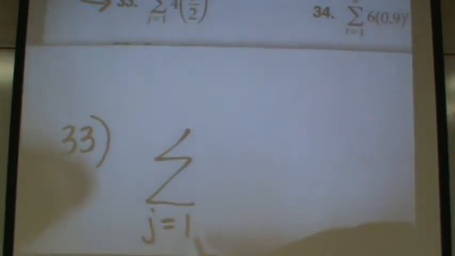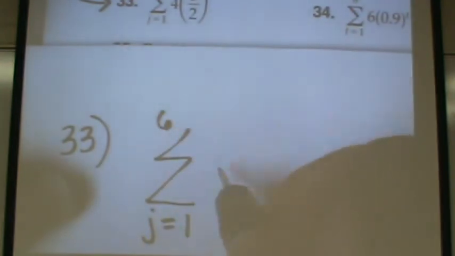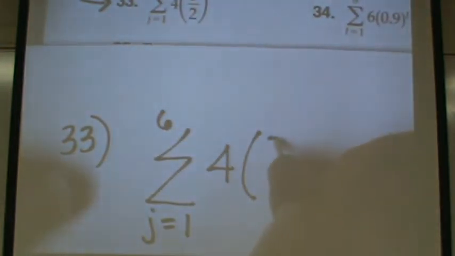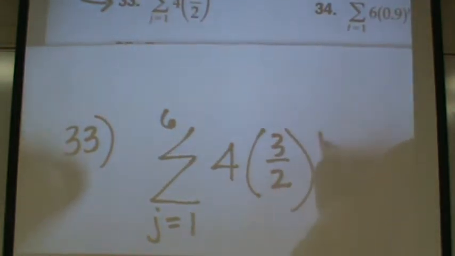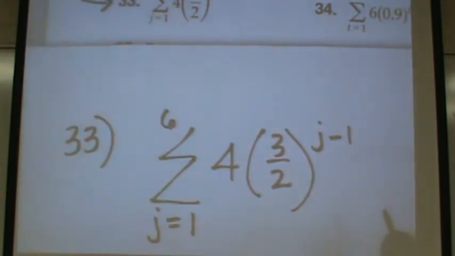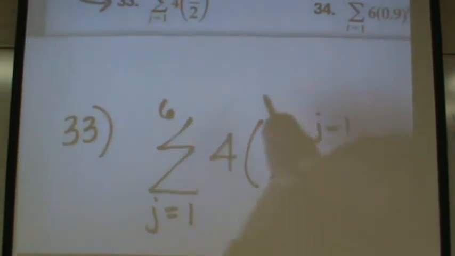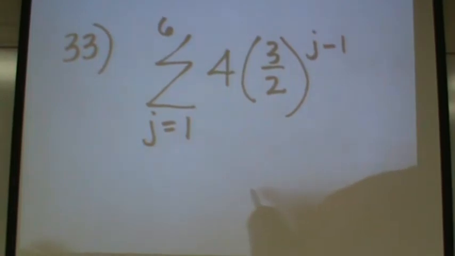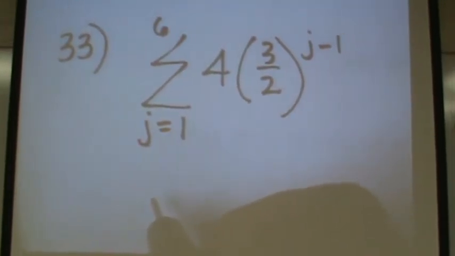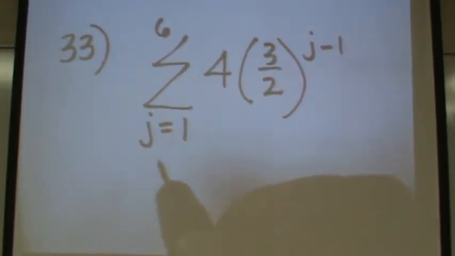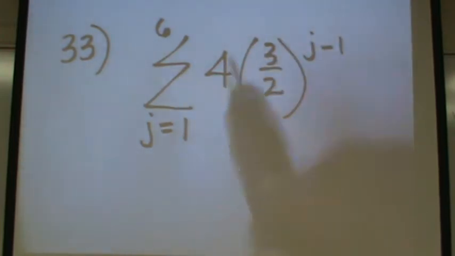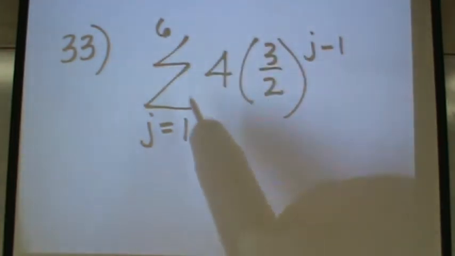J equals 1 to 6, and then we have 4 times 3/2 to the J minus 1 power. These two letters need to match. So we're summing; we need to find the first term, the r value, and the n value. The n value is easy, we're adding 6 terms.